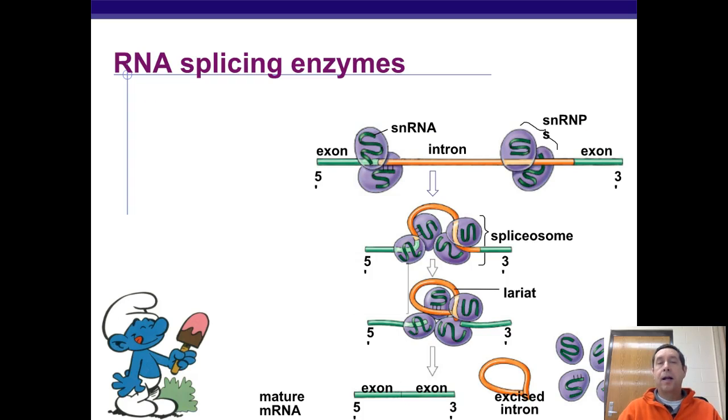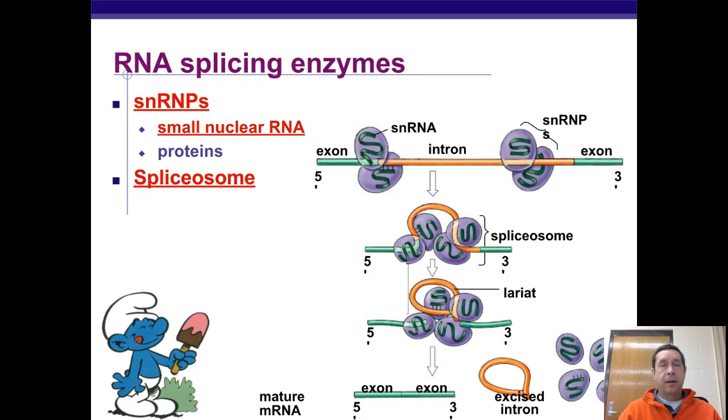So there are RNA splicing enzymes called small nuclear RNAs and snRNPs, which cut the introns out. So the spliceosome is several of these molecules that come together.